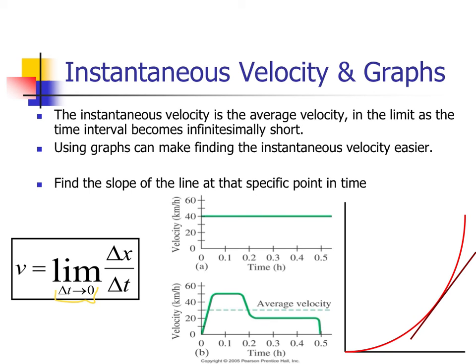The average velocity is the dotted line here. The instantaneous velocity looks different.